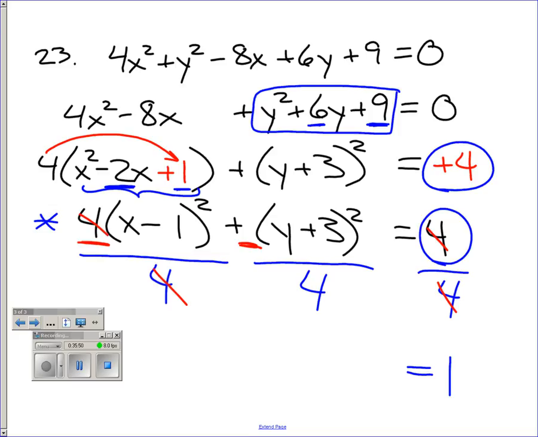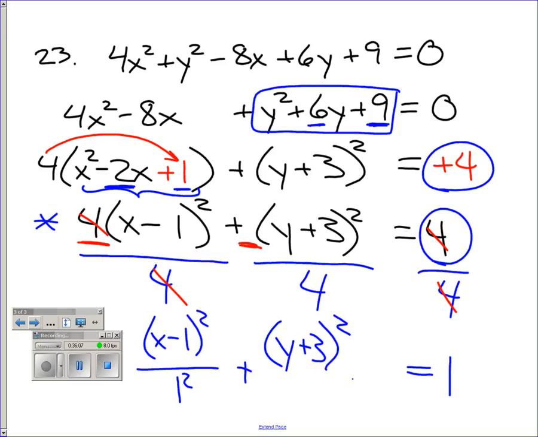This is going to be x minus 1 squared over, I'm going to go ahead and write that as 1 squared, because I'm going to have to figure out what a and b are here in a minute, plus y plus 3 squared over, instead of writing the 4 again, I'm going to put the 2 squared, because what I'm looking for are the a and b.